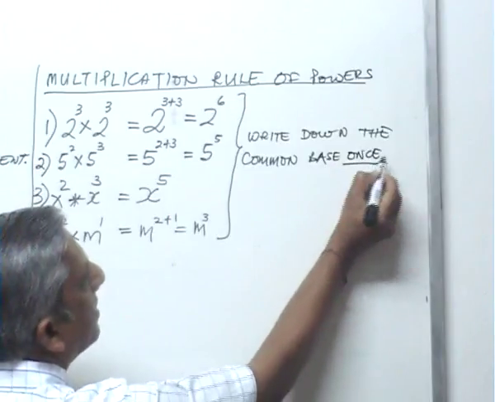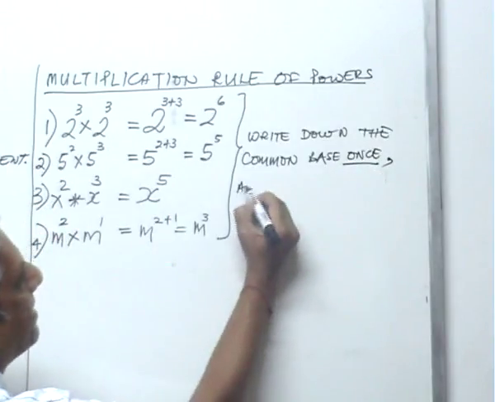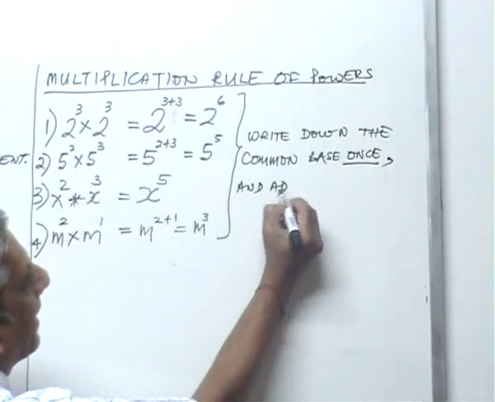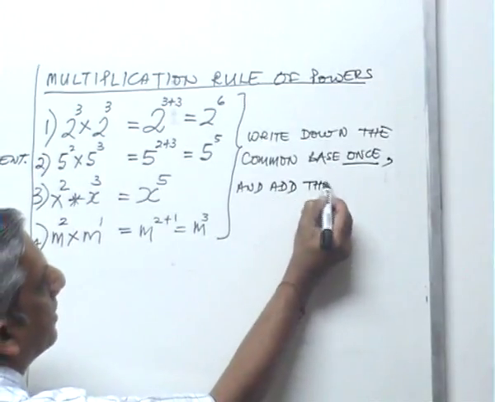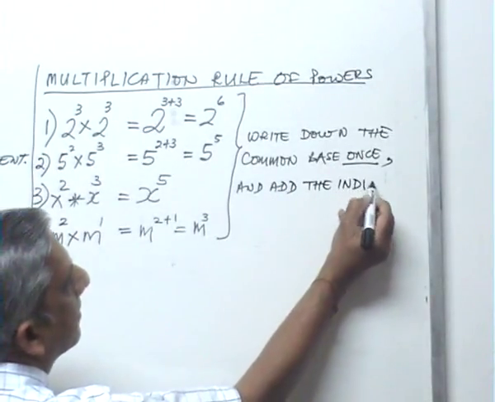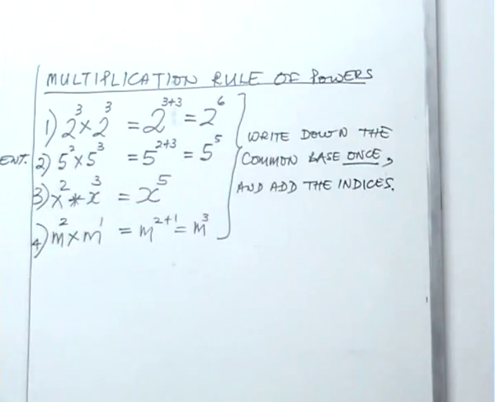I'm emphasizing the word once. And add the indices. So that's the multiplication rule for powers. Write down the common base once and add the indices.